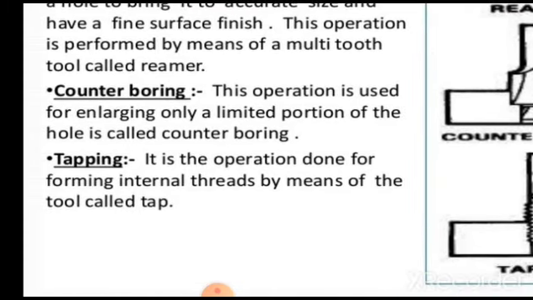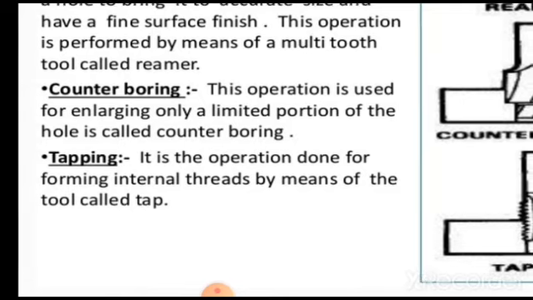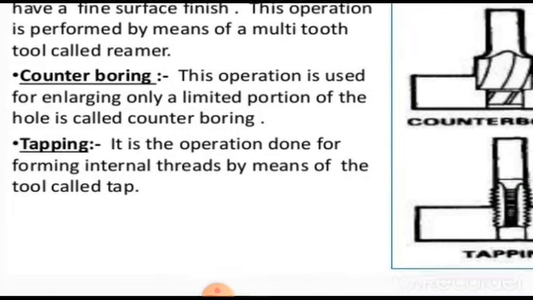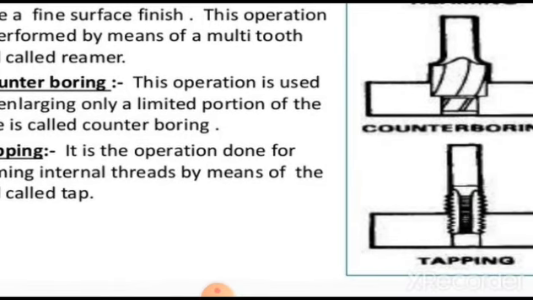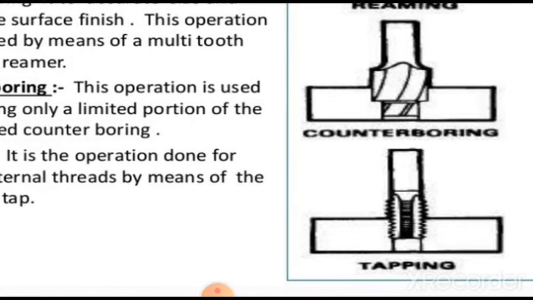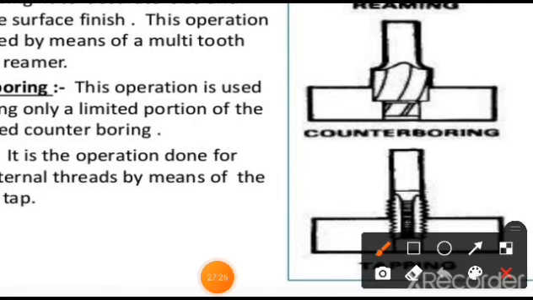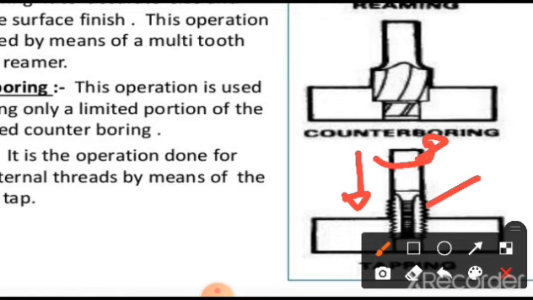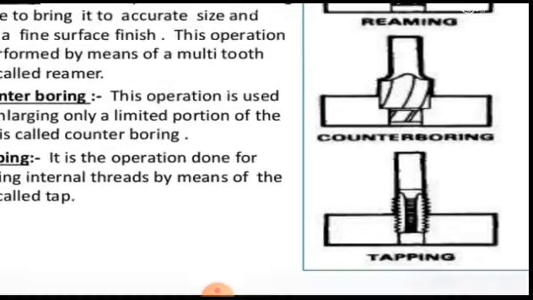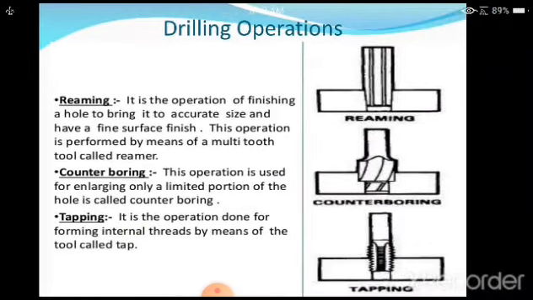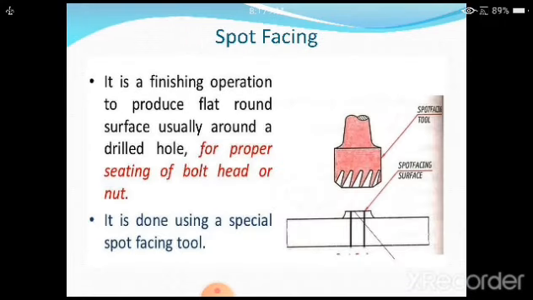It is an operation done for forming internal threads by means of a tool called a tap. It is given a very low feed and slow rotation, so as to see that the threads are produced correctly in hollow workpieces.